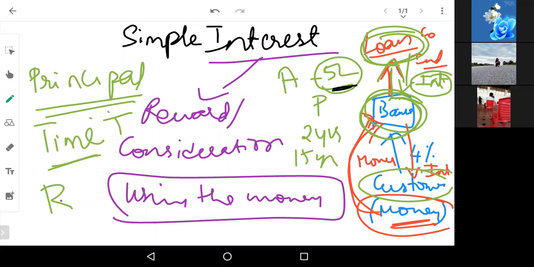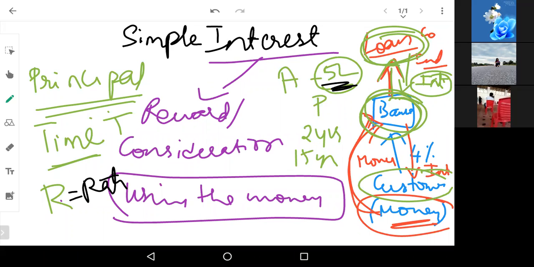That reward or consideration that you will give for using my money will be the interest percentage, which is called the rate of interest. So these are the important points or terminologies which you have to understand when it comes to interest.